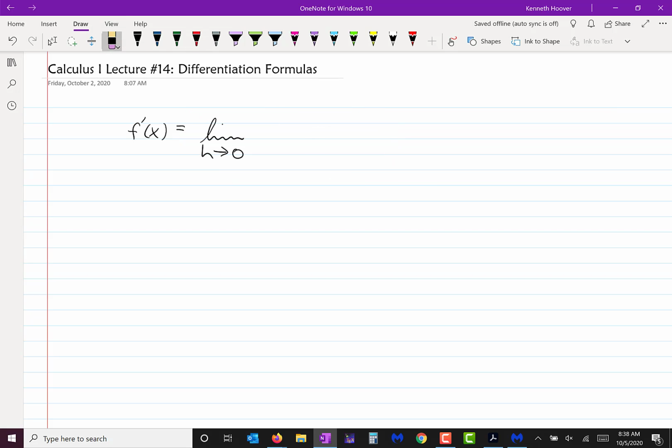The first thing we're going to do is the derivative of a constant function. So, suppose f of x equals c, okay, where c is a constant. Let's find the derivative.